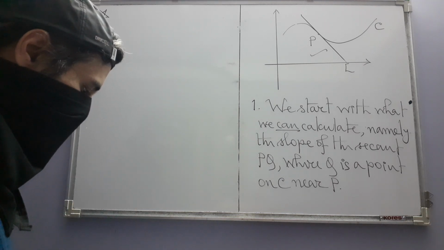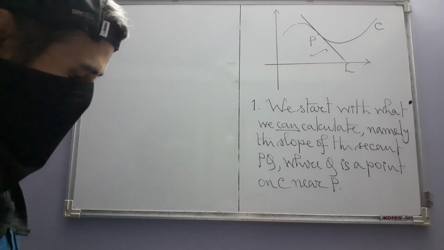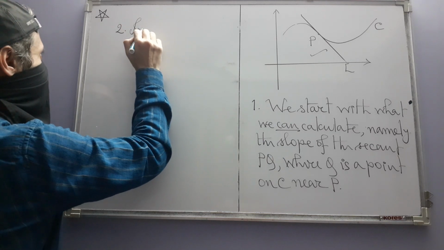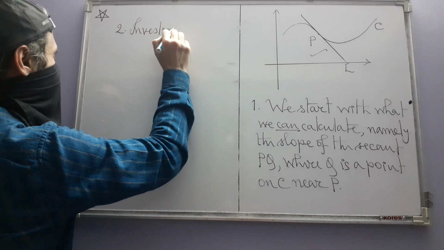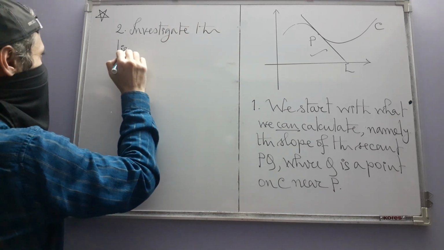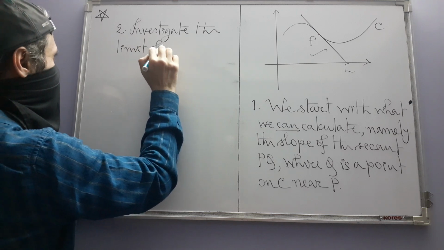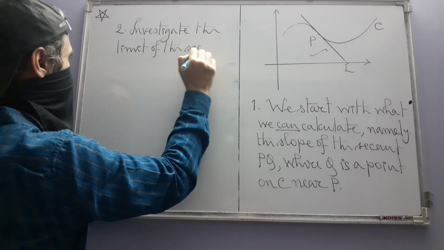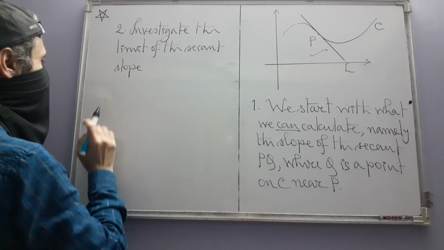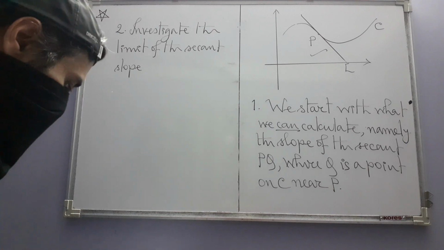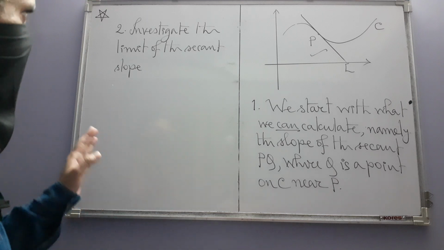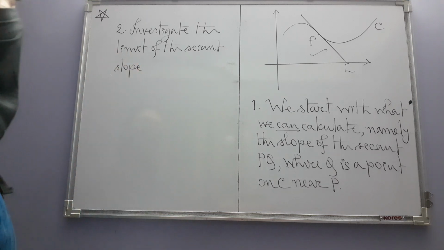And then in the second step, investigate the limit of the secant slope, if it exists. It may not exist also. Well, okay, that condition will be included in the investigation itself.